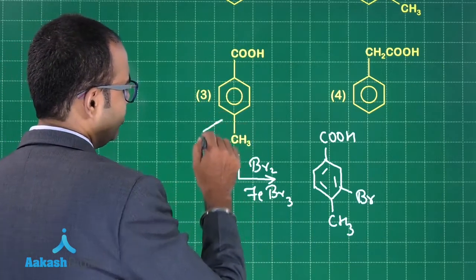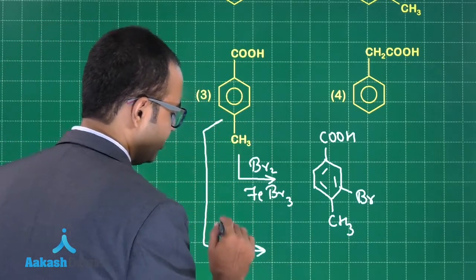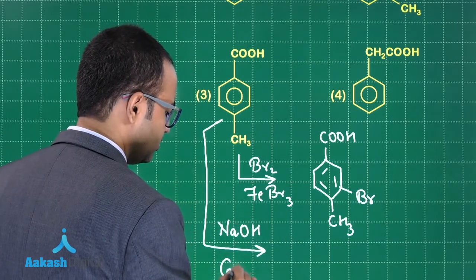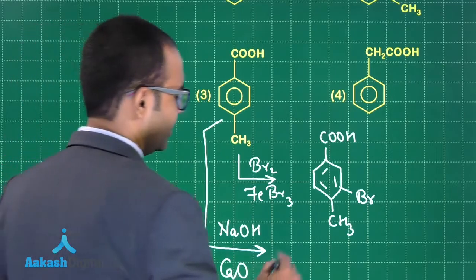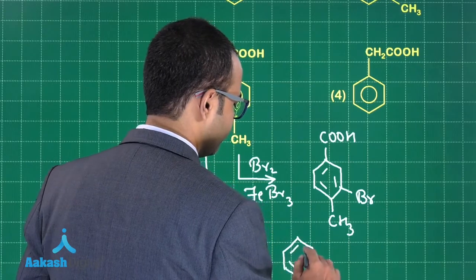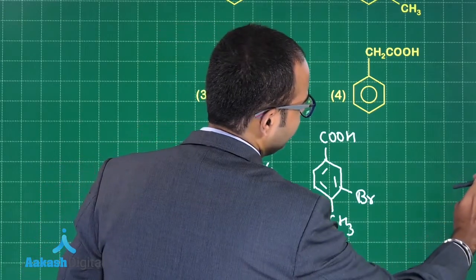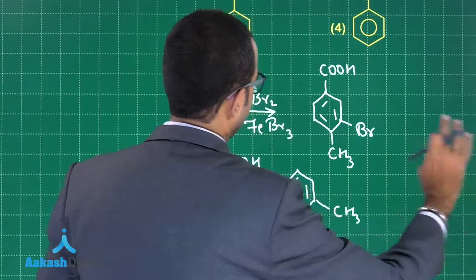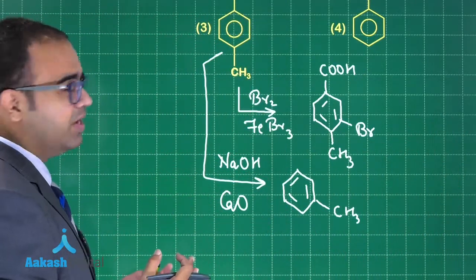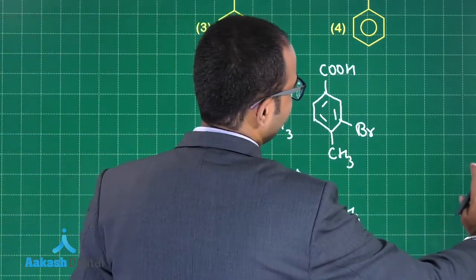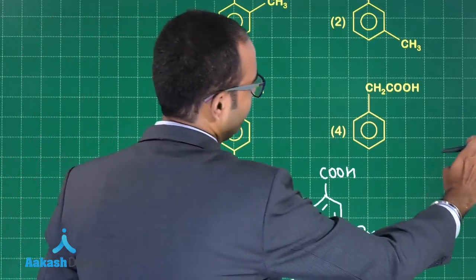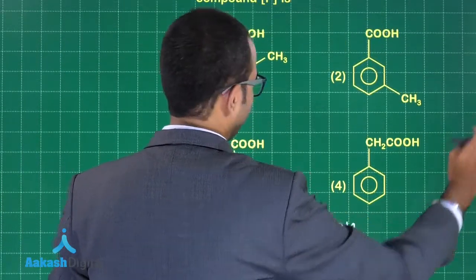You take this compound and treat it with soda lime, that is NaOH and CaO. What will you get? We will get toluene, guys, right? So the answer is very simple. The answer is option 3, guys. I hope you have understood this.